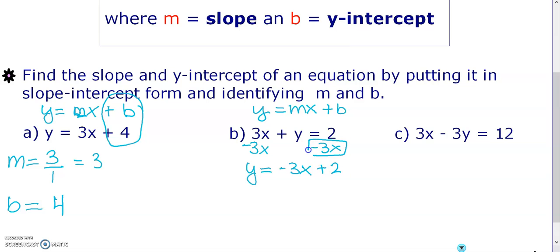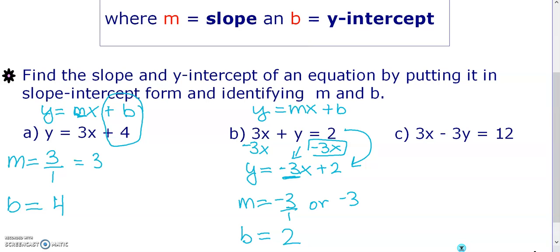That minus 3x goes first, and the positive 2 will come second. Now it is in slope-intercept form. And from here, we can see that our slope is negative 3 over 1, or just negative 3. And our y-intercept, whoops, I'm thinking y-intercept, but the variable that represents that is b, is a positive 2.